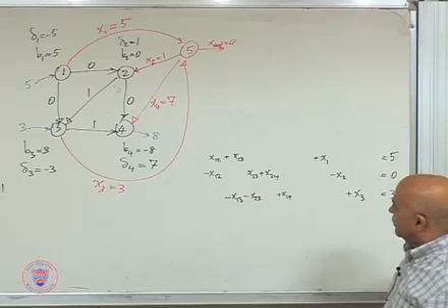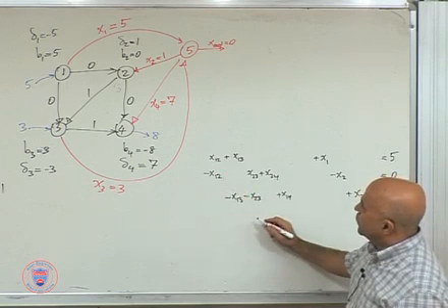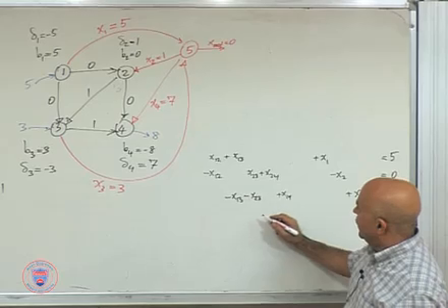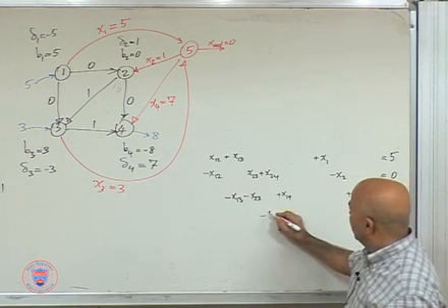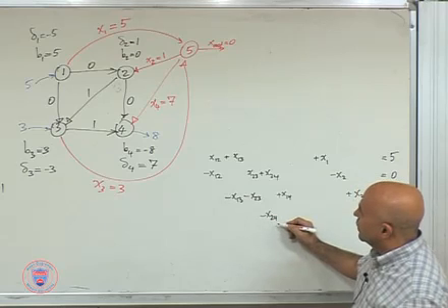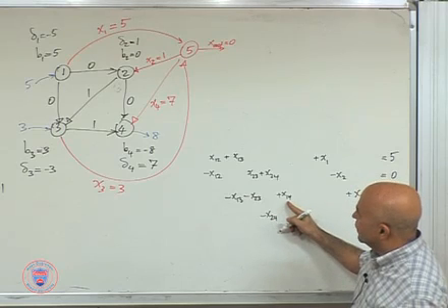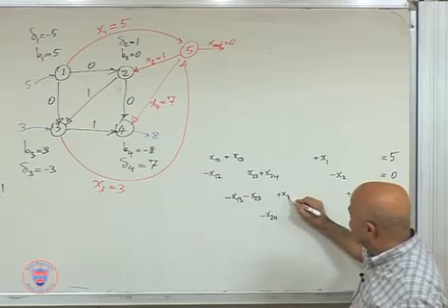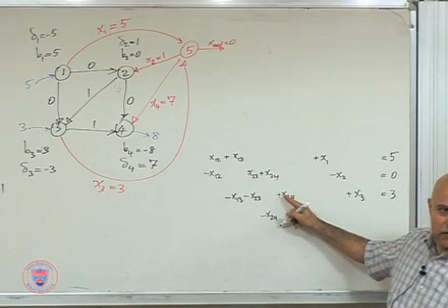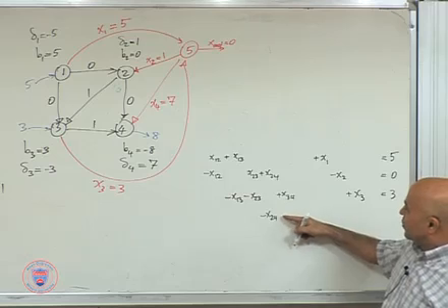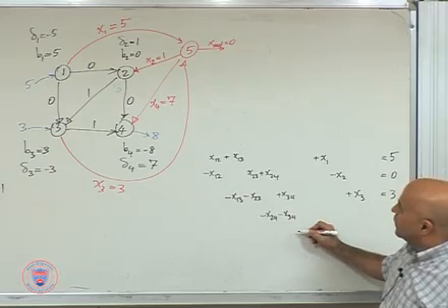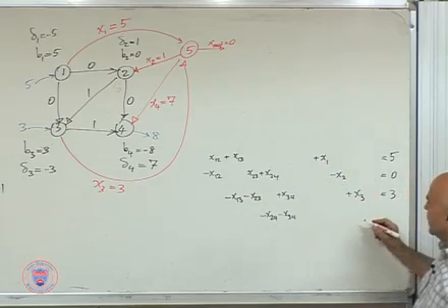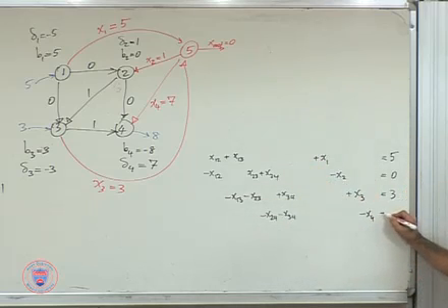The next one, outflow of nothing and inflow of x24, so minus x24. What is this x14? This is x34, sorry. Yeah, please change that. Thanks. All right, so minus x24 minus x34 and another minus x4 is equal to minus 8.